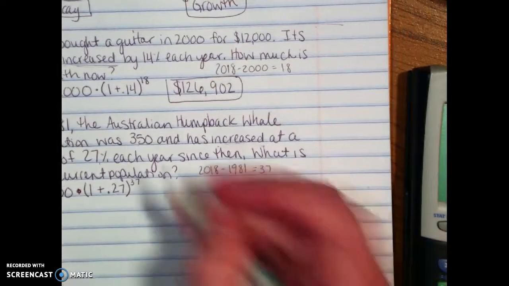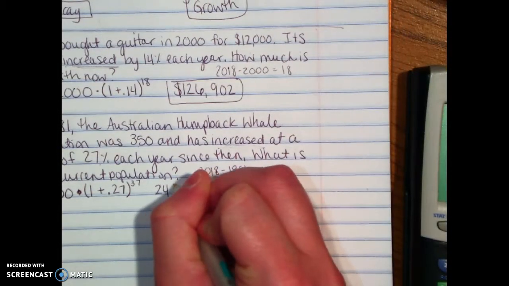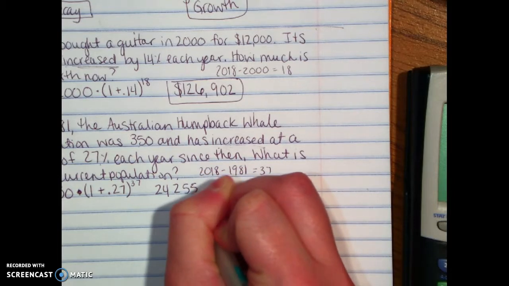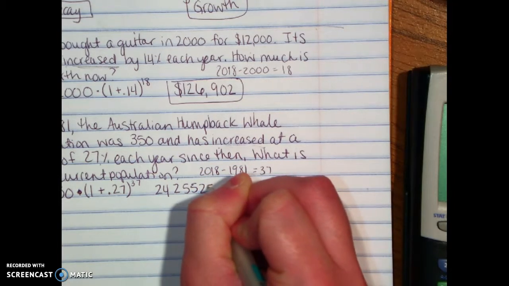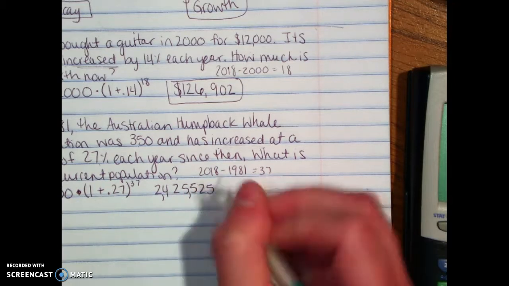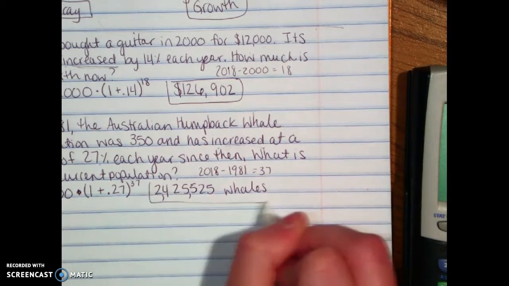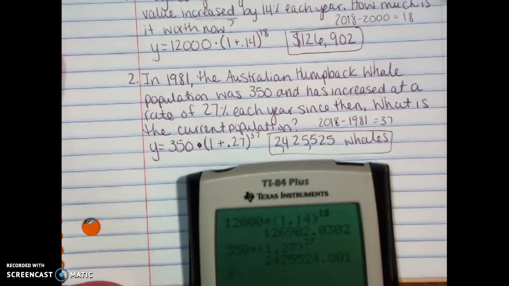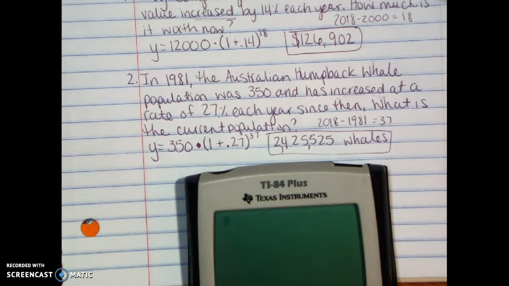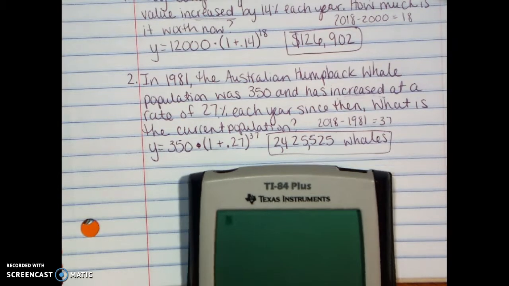So this would be 2,425,525 whales. Okay, so they made a pretty good comeback, I think.